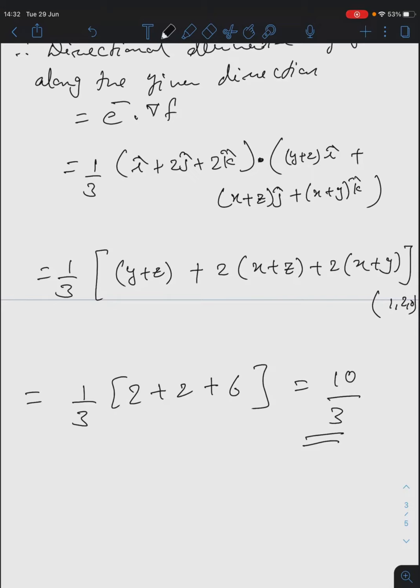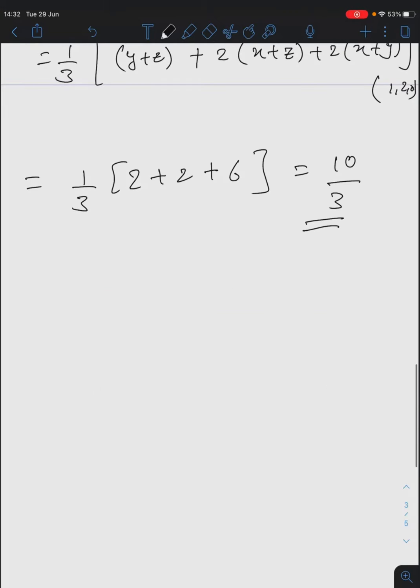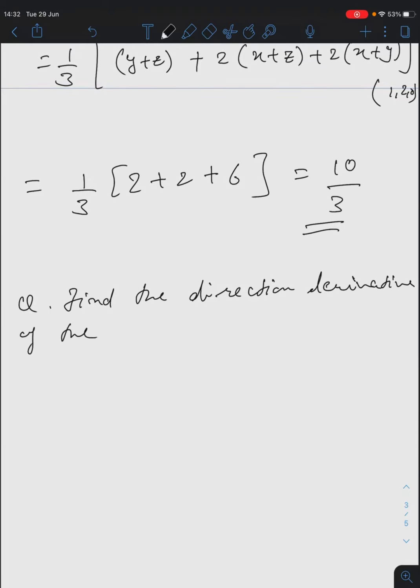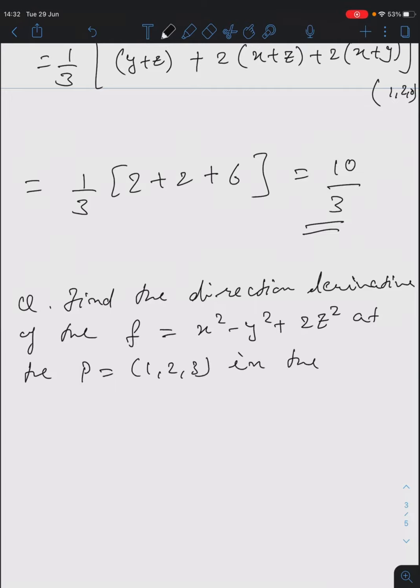Now sometimes the question can be in this form also. Let me write. Find the directional derivative of some function f is equal to x square minus y square plus 2z square at the point P, which is 1, 2, 3, in the direction, here that line is not mentioned in a particular form.